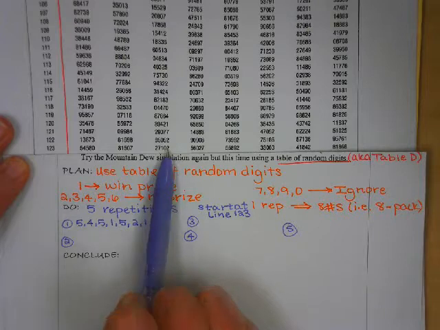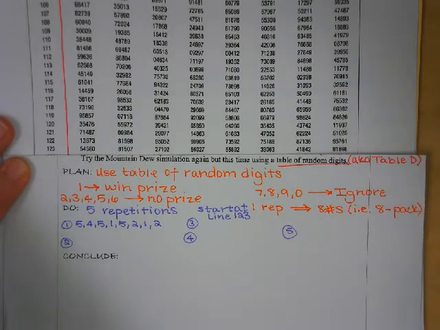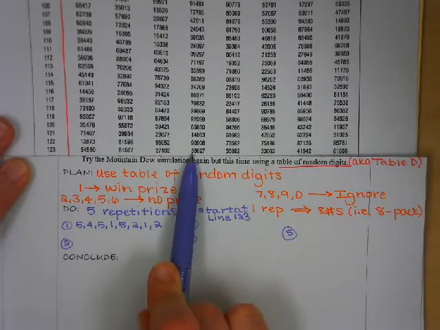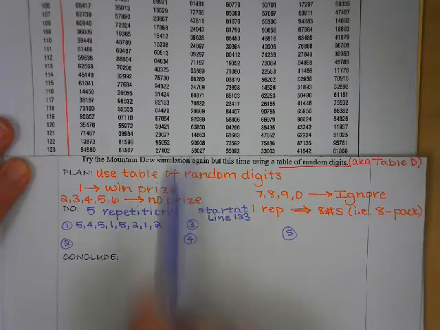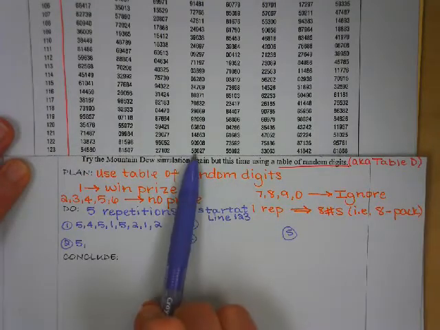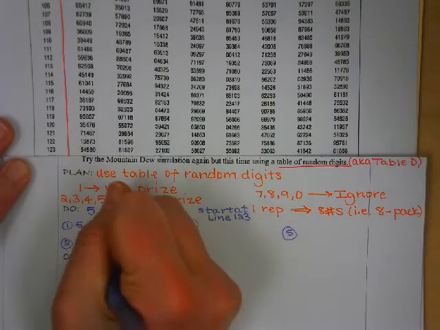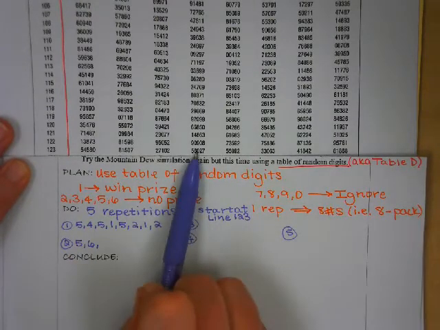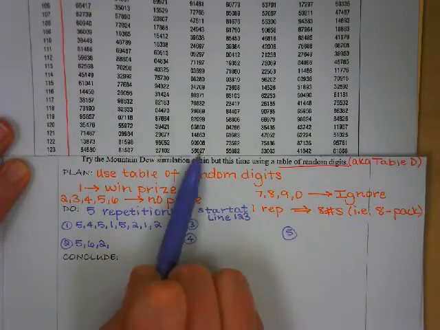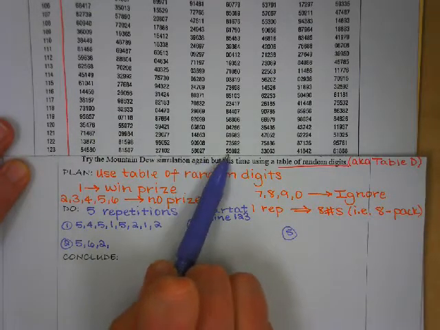For repetition 2, I just keep going in the row. So 5 I use, 6 I use, 0 I ignore, 2 I use, 7 I ignore, and I go across.